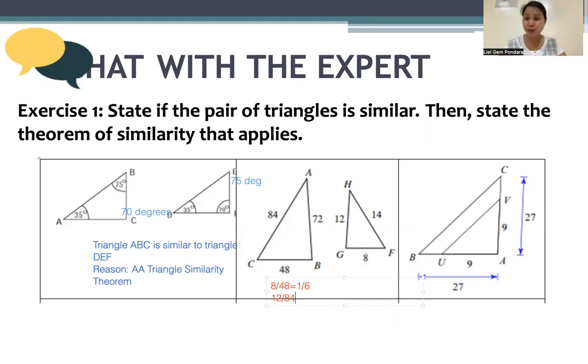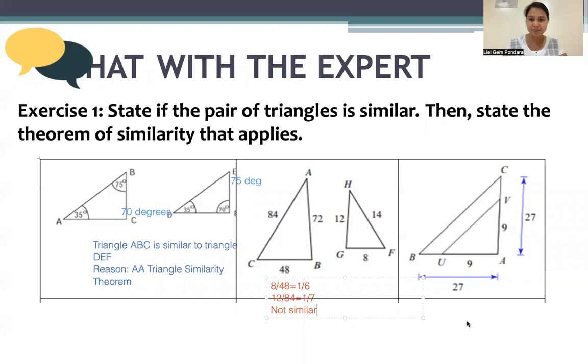Is 12 over 84 having the scale factor of 1 over 6? Let's check. 12 over 84. You divide both by 12. It is 1 over 7. Therefore, the sides are not proportional. So we say the two triangles are not similar.